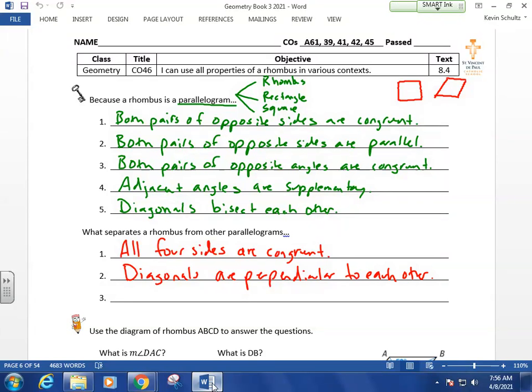So drawing a picture of this one, I'll draw a little rhombus down here in the corner, as best as I can. Remember, I did fail art, so there we have it. Okay, so the diagonals, because it's a parallelogram, are going to bisect each other, meaning that where they intersect is the midpoint of the diagonals.